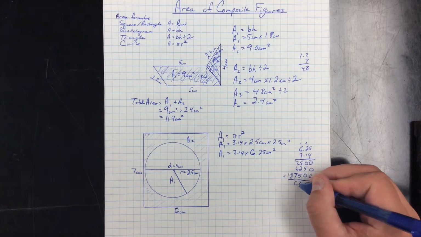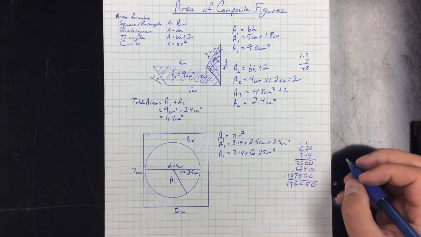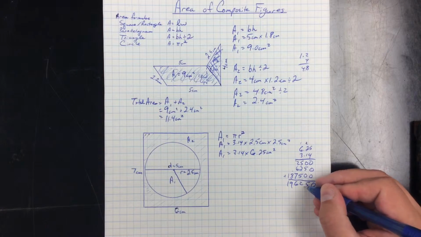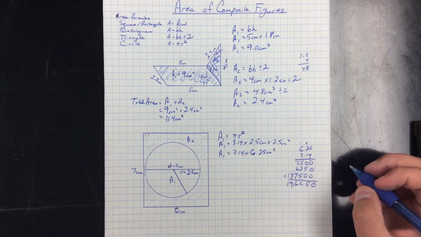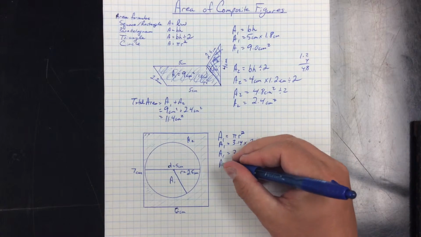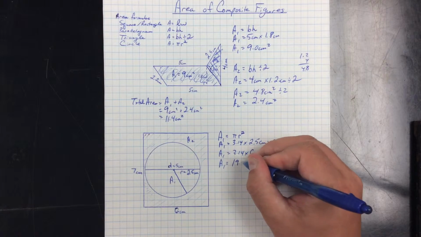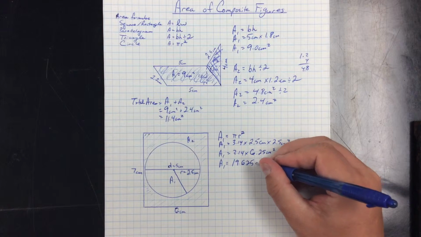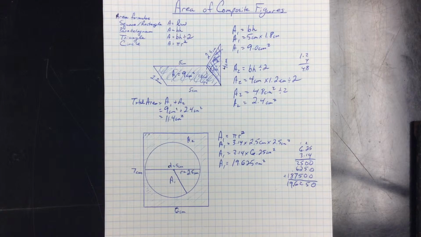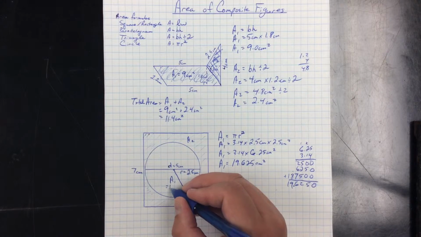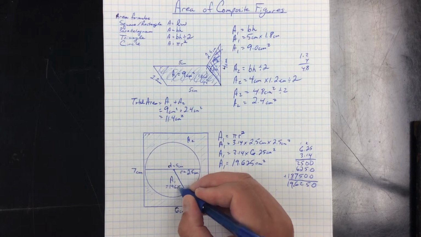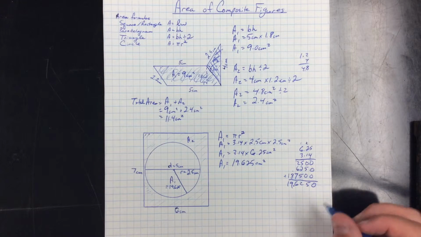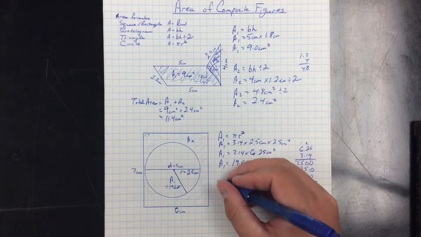With 4 decimal places, 1, 2, 3, 4, I get 19.625 centimeters squared. Alright, so that's the area of my circle, 19.625. Now I need to find the area of my rectangle, area 2.